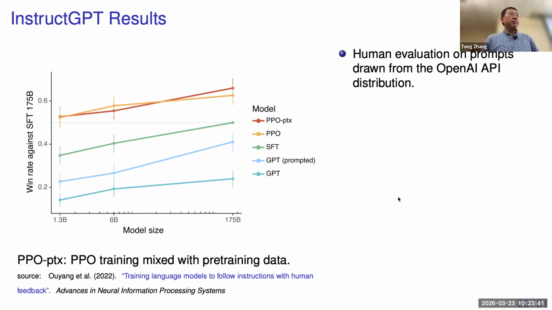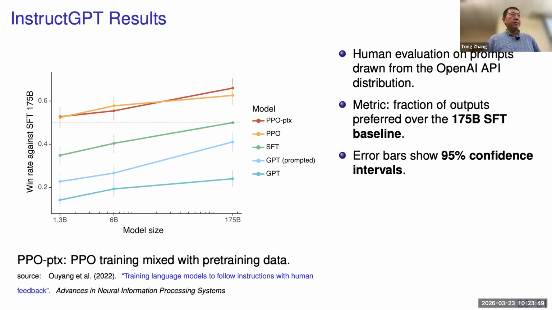From this paper, one thing you should understand is that this one is OpenAI, who already had an API at that time. The metric is how often outputs are preferred over this one, with error bars.